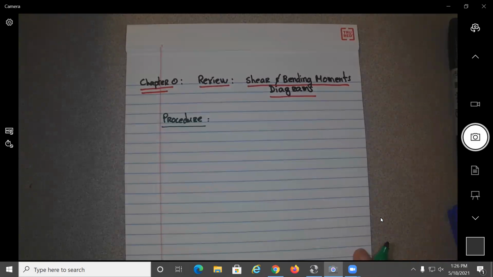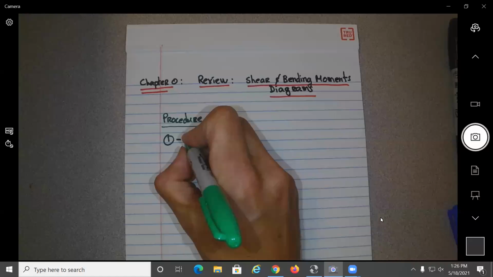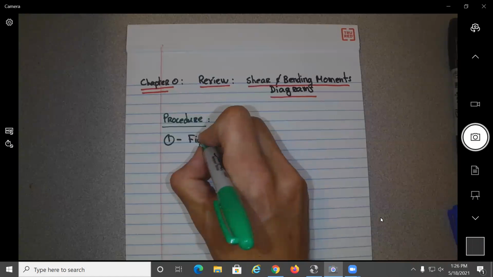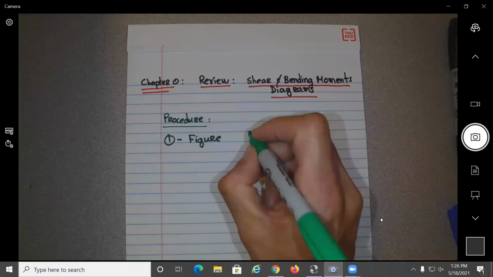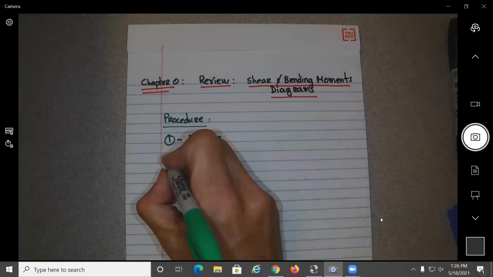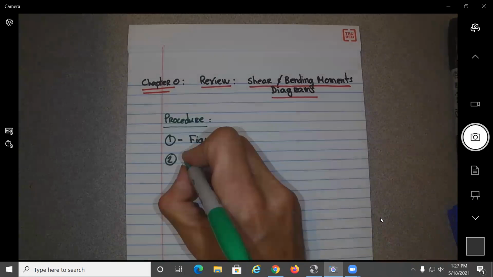No matter what, the first thing you need to do in a problem is always to do some type of figure or sketch of what you're trying to solve. Let's say figure. So, second step, in most cases, you will have to find the reactions at the end of your beams, or your structure. So, find the reactions.